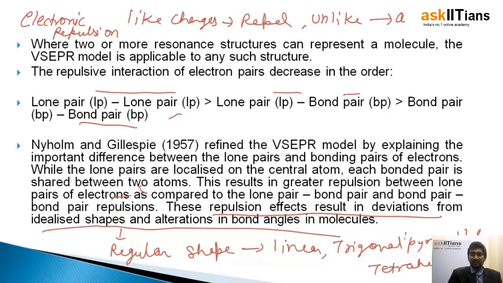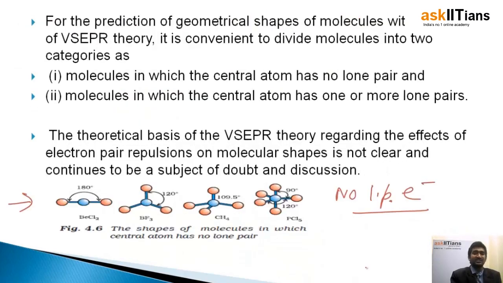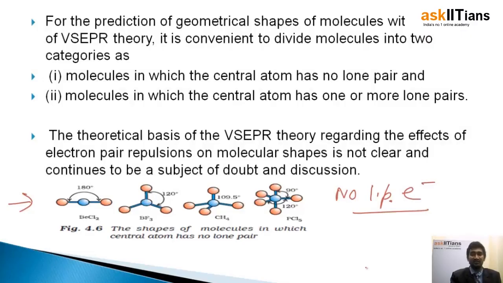These all are regular shapes without any lone pair. Now what happens when a lone pair comes and distorts the shape? That we will see with a video. Be ready.